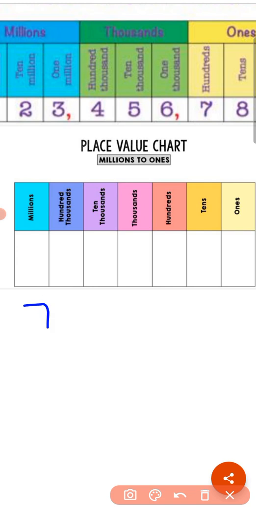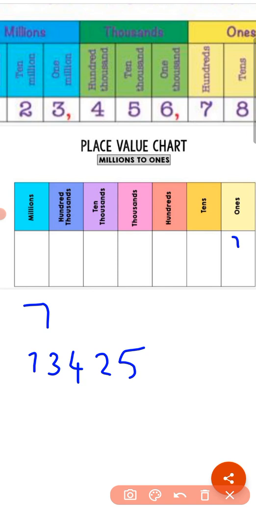Only one digit. The number has only one digit. So, we can write 7 here. Okay. Next is 73,425. How will we write this?